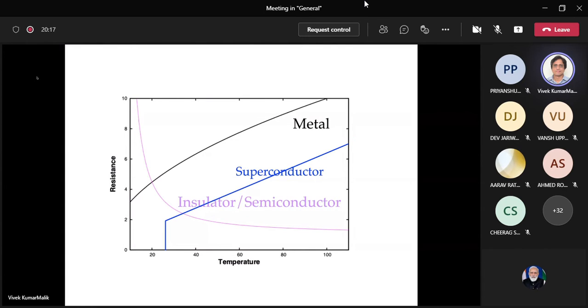One of the important applications is fabrication of high field magnets, because to create a magnetic field you usually flow current through a wire, and you can make coils and Helmholtz coils. You can increase the number of turns, but essentially, to increase the magnetic field, you have to increase the current.